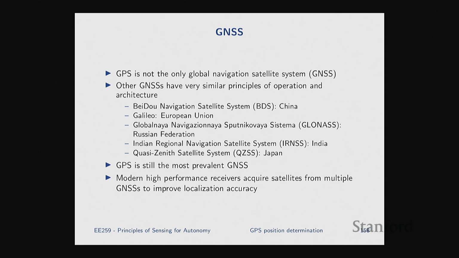The underlying principle of operation, the math, the physics, the system architecture, is pretty much exactly the same. And that's why the more advanced receivers today are called GNSS receivers, and they acquire signals from different systems and use all of them together to do even more accurate localization.